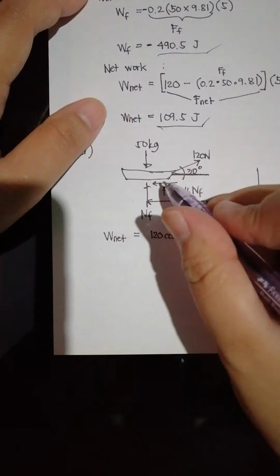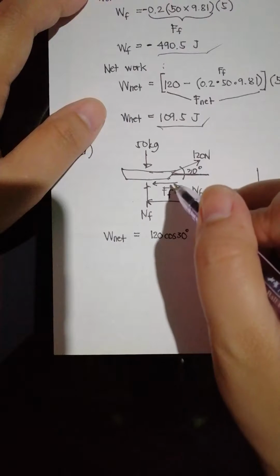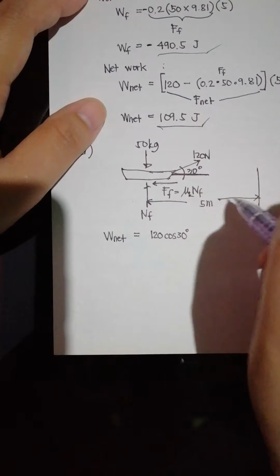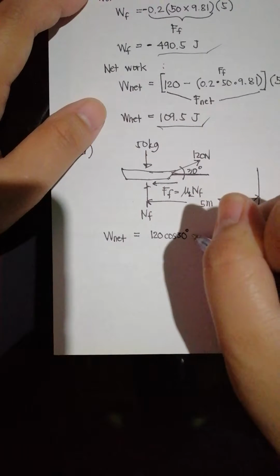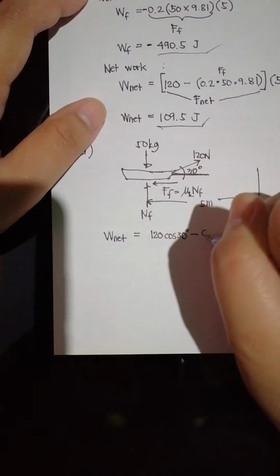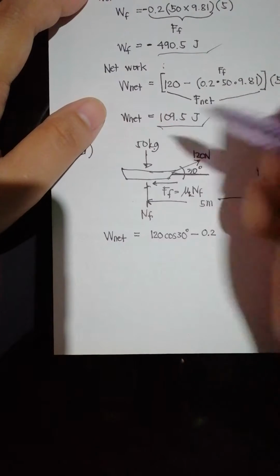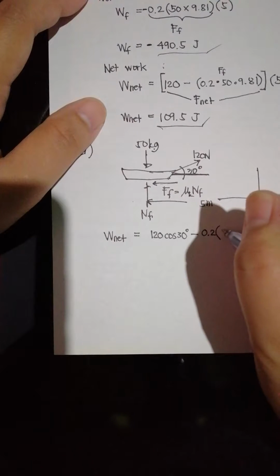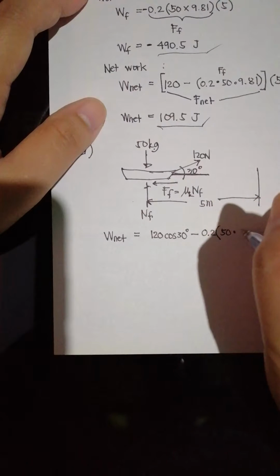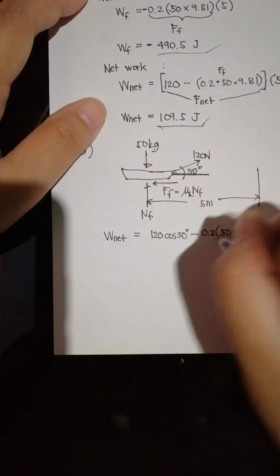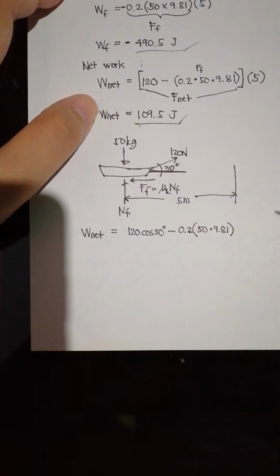Then another force along the displacement, but opposite in direction, so we take it as a negative force, which is the friction force: 0.2 times the normal force, which is just equal to the 50 kilogram mass, 50 times 9.81, times the coefficient of kinetic friction.